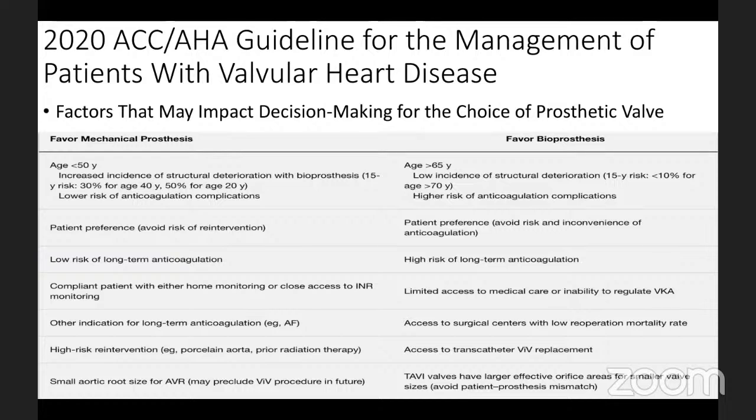In case we have a patient who is more than 65 years of age, at high risk for long-term anticoagulation, or with limited access to a care center to follow the INR, a bioprosthesis will be better for them.